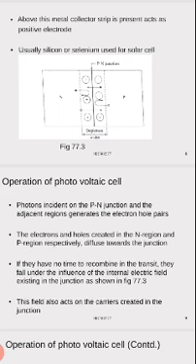The electrons and holes created in the n region and p region respectively diffuse towards the junction.